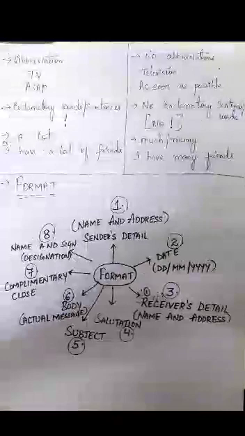Now the next difference is exclamatory words or sentences. Okay, so when you're writing a letter to your friend, colleague, or relative, you can use exclamatory sentences to describe your emotions. For example, if a friend has sent you a gift, you could say, wow, the gift you have sent was very much liked by all my family.